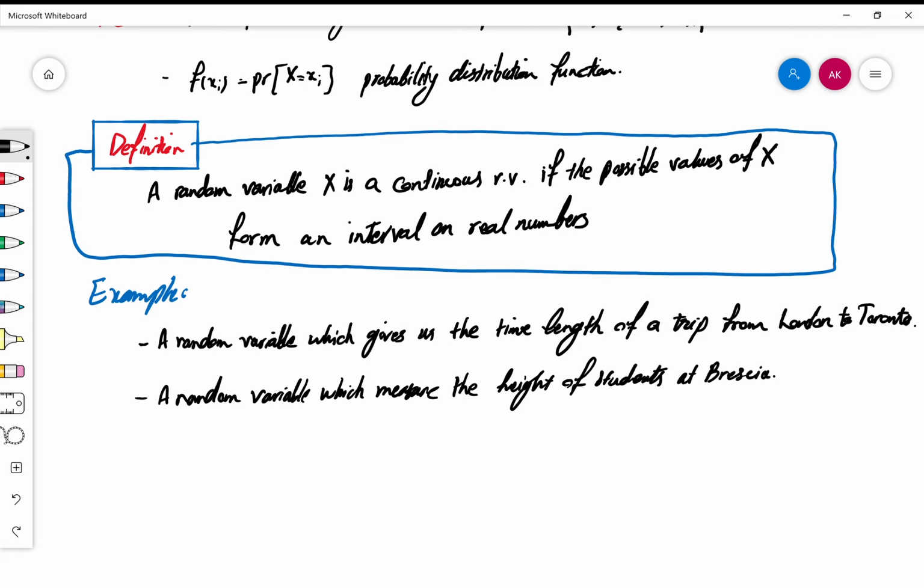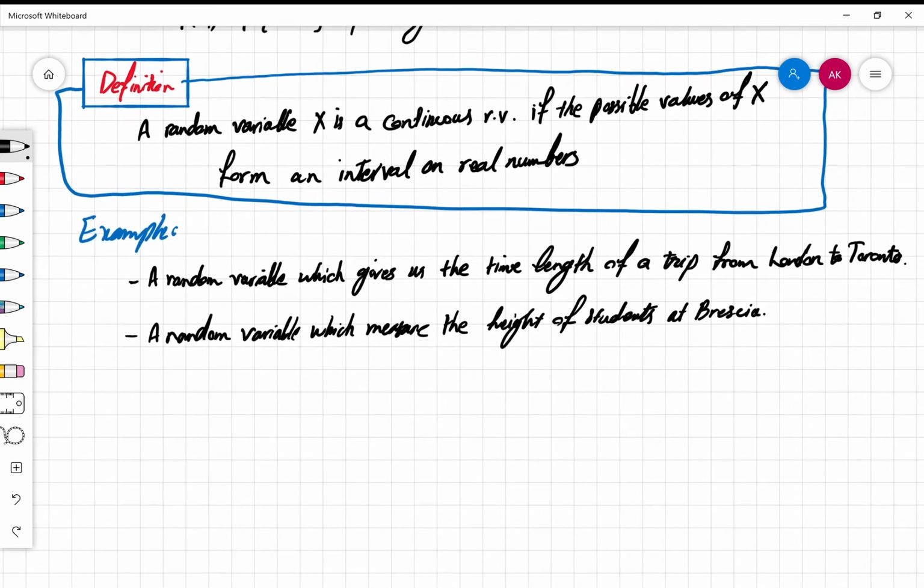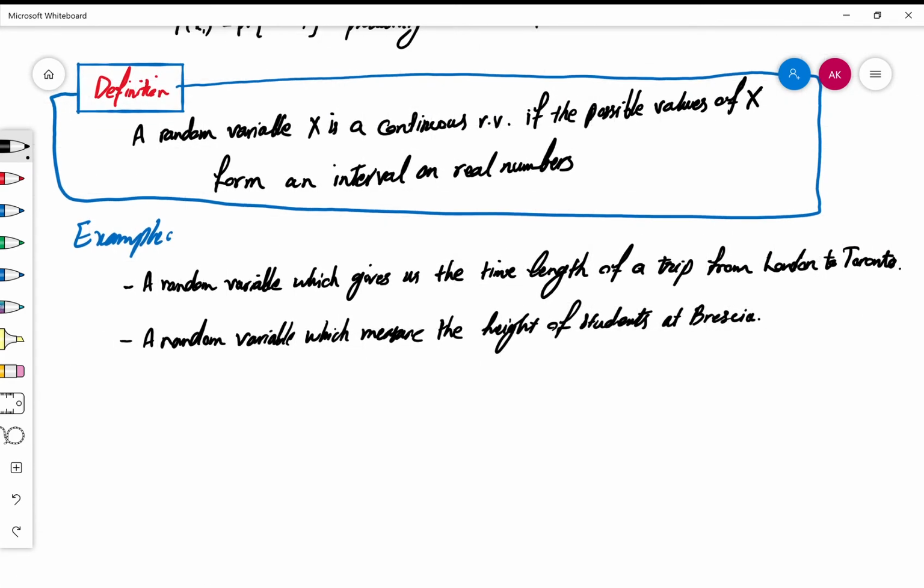Such a random variable can give you any number. So the possible values will be a range rather than just discrete numbers, and that's another example of a continuous random variable.